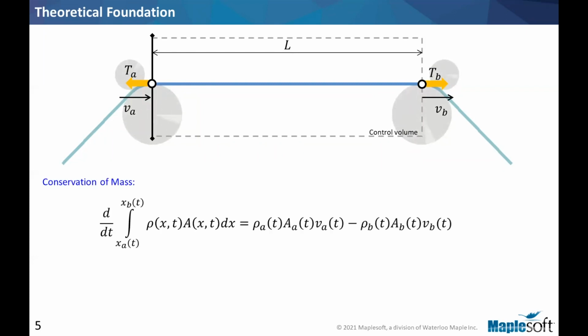With these assumptions, we can write the conservation of mass. This integral equation has a lot of terms, but we will quickly simplify it. Before doing that, let's take a look at the terms. So this one is the density of the web at side A, the area of the web on side A, and the velocity of the web on side A entering the control volume.